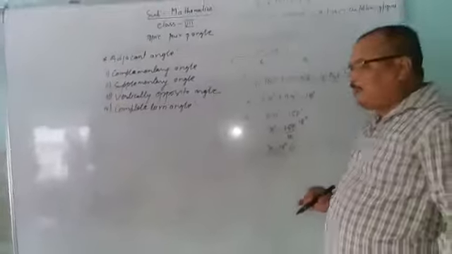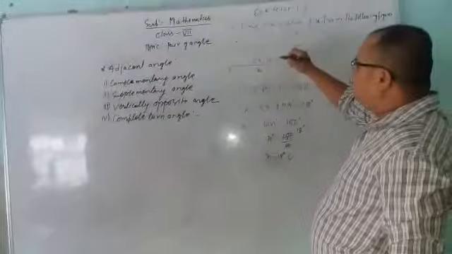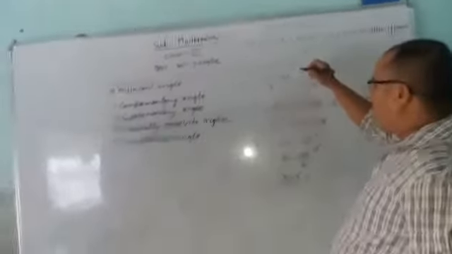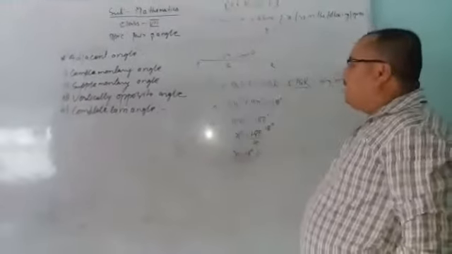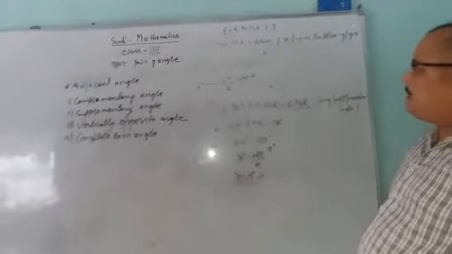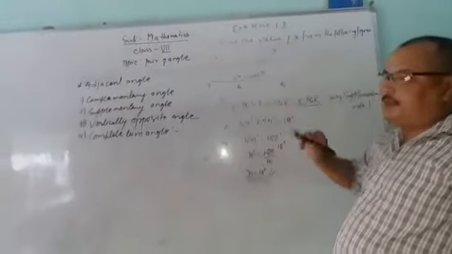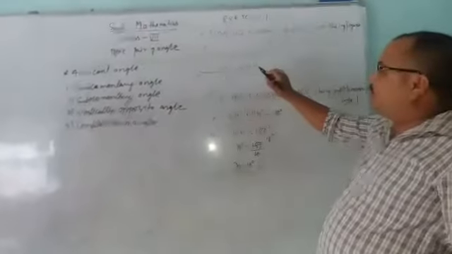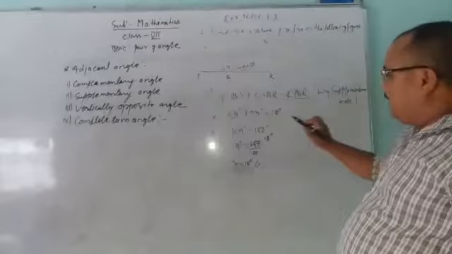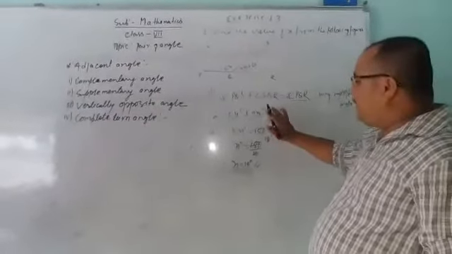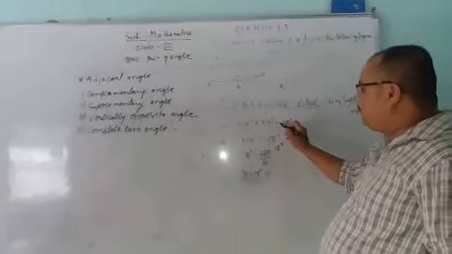And one more example. See here, 6x and another angle is x plus 20 degrees. So how is this question solved? Again similarly, you write down like this, and instead of 4x degrees you write here x plus 20 degrees.